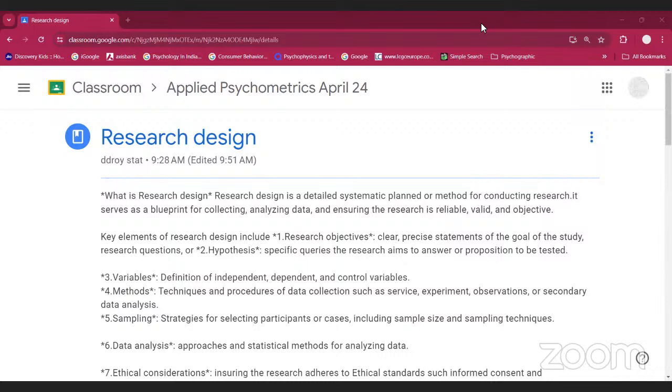Hypothesis is important because hypothesis is a presupposition to test the research goal. We have a specific research goal and we have to test the research goal.